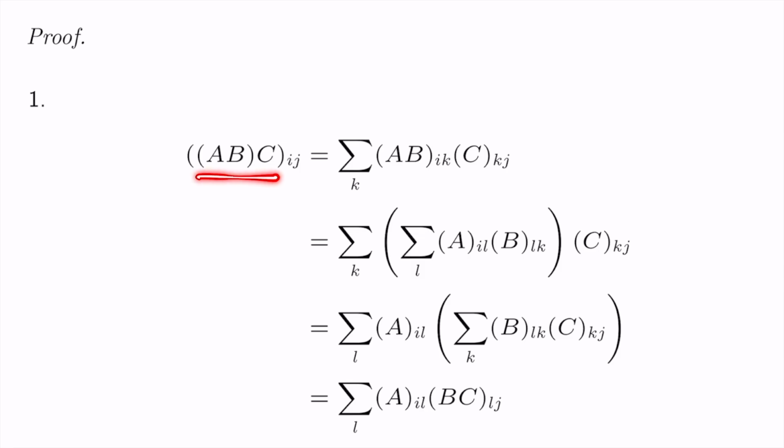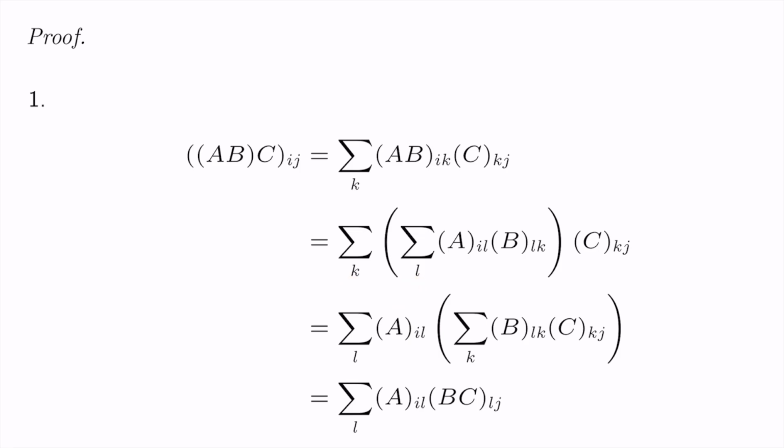Therefore, their product is the sum over k of the ik element of the matrix AB and the kj element of the matrix C, and k runs for as many times as necessary. Then we calculate this product, which is this sum: the il element of A and the lk element of B, because we are trying to find the ik element of the matrix product AB.